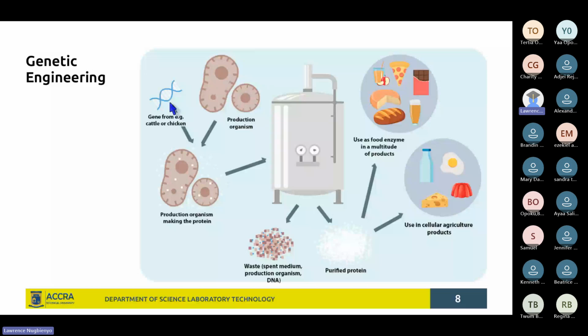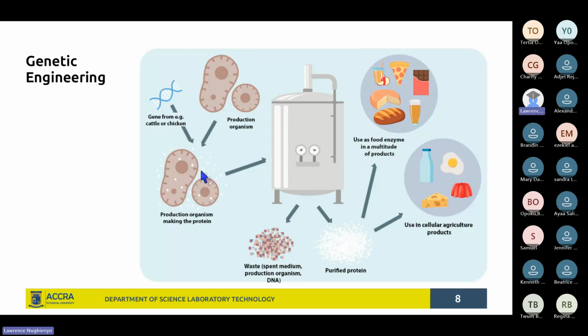And so once you take that gene and introduce it into the microorganism, the bacteria begins to produce, because now the gene is in the bacteria and can get expressed. The protein can now be synthesized in the bacteria and be released.